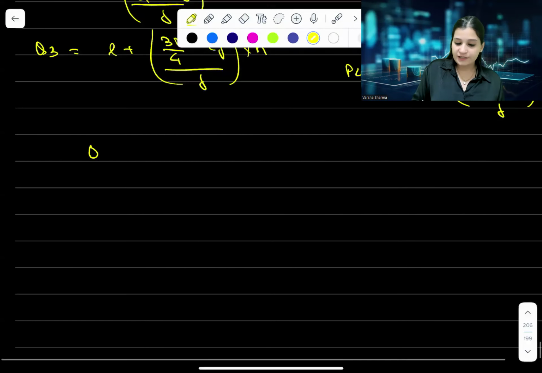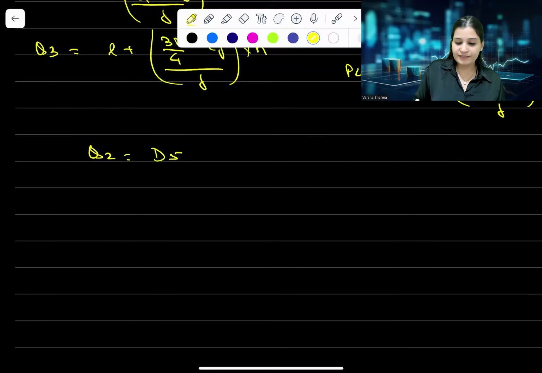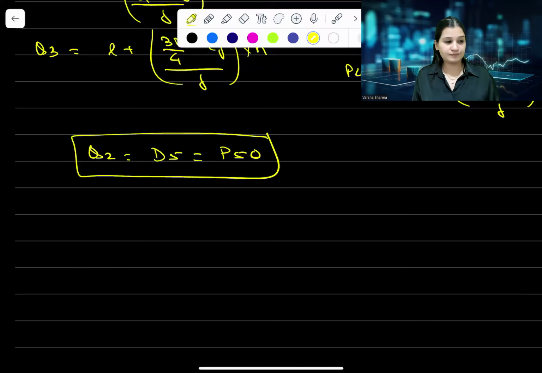When we talk about median, Q2 is the median, D5 is the median, and P50 is the median. Clear? Yes, ma'am. Any doubts?